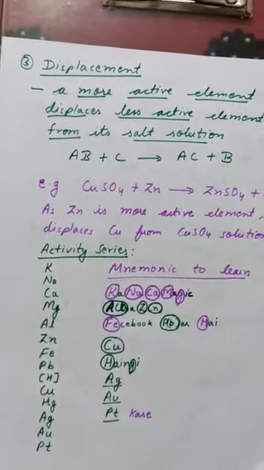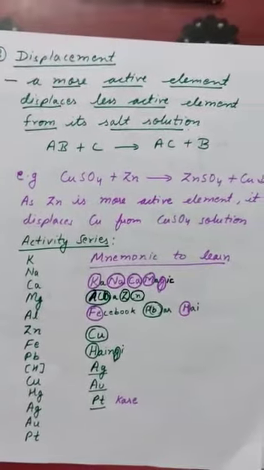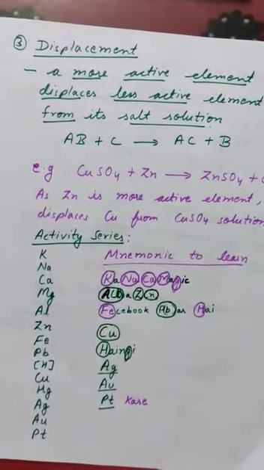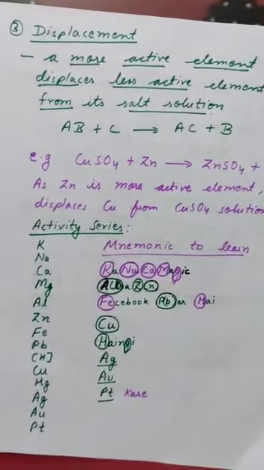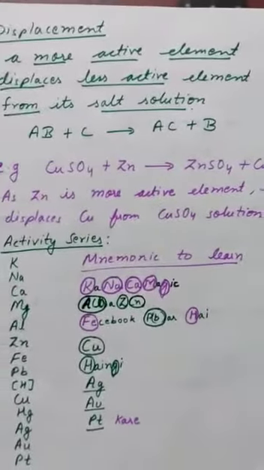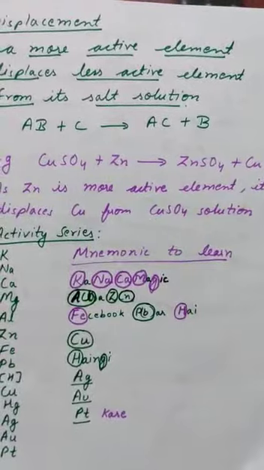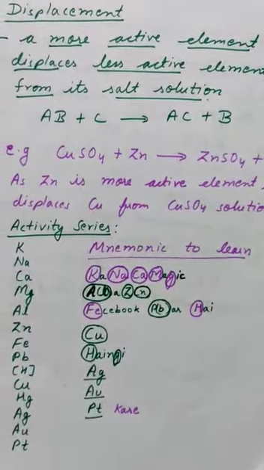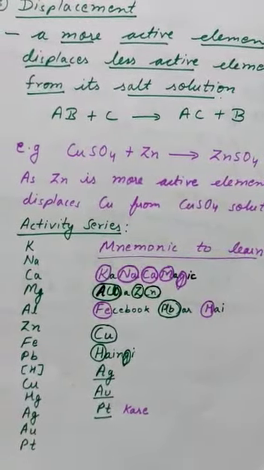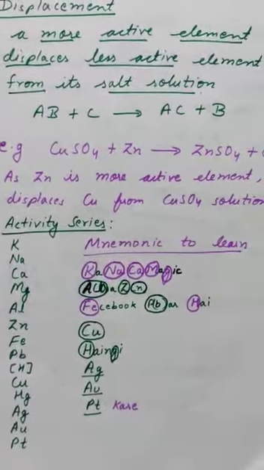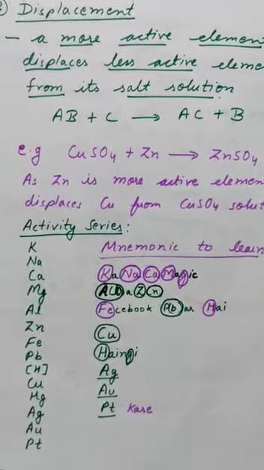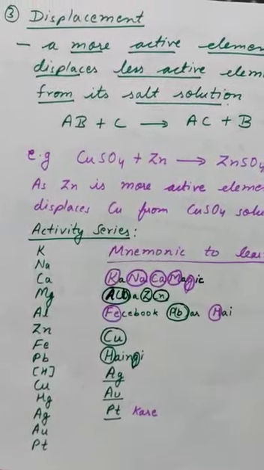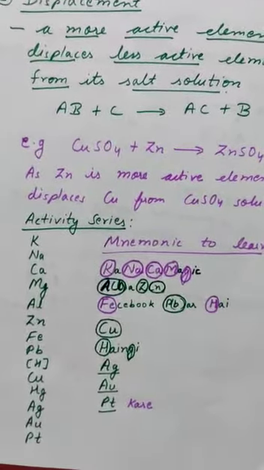So this type of reaction is known as displacement reaction. For example, when copper sulfate reacts with zinc, it gives zinc sulfate and copper, because zinc is a more active element, so it will displace copper from the copper sulfate solution to form zinc sulfate. Now students, how can we learn which element is more active than the other element?